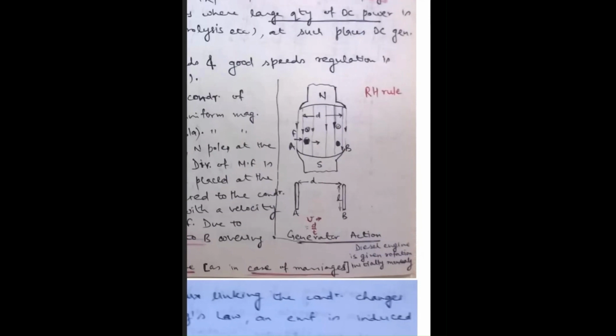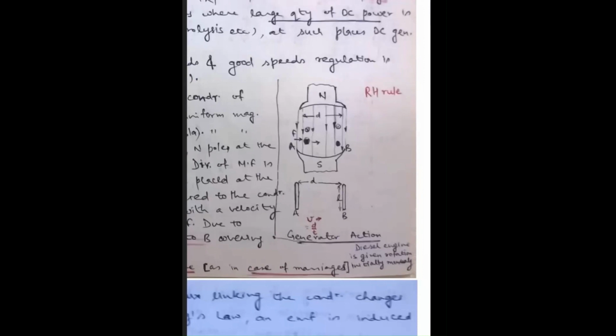So how is this mechanical energy supplied? It is supplied to the rotor. Okay, so when it is supplied to the rotor, the rotor rotates, and when the rotor rotates, the EMF is generated due to the cutting of flux. Rotation is to be induced. Okay, so how is it done?